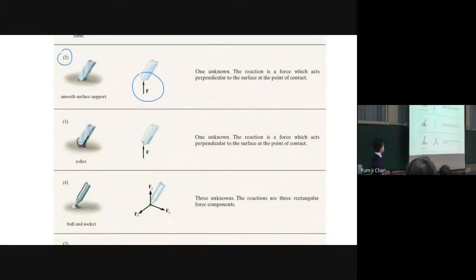Number 4 is what we call a ball and socket joint. And you will see this term from time to time. Ball and socket joints are like this. I think I've shown you some of these.